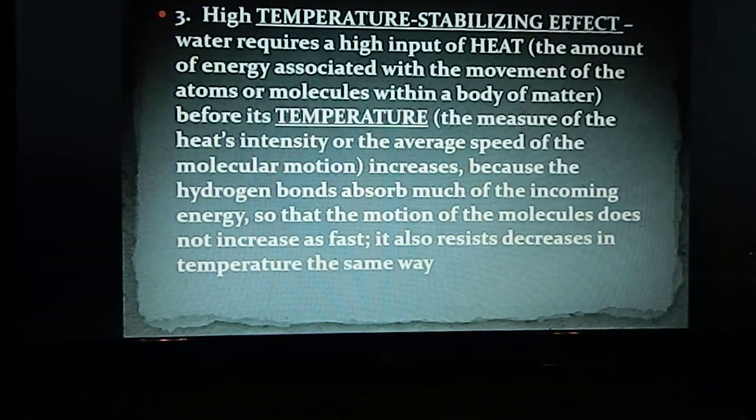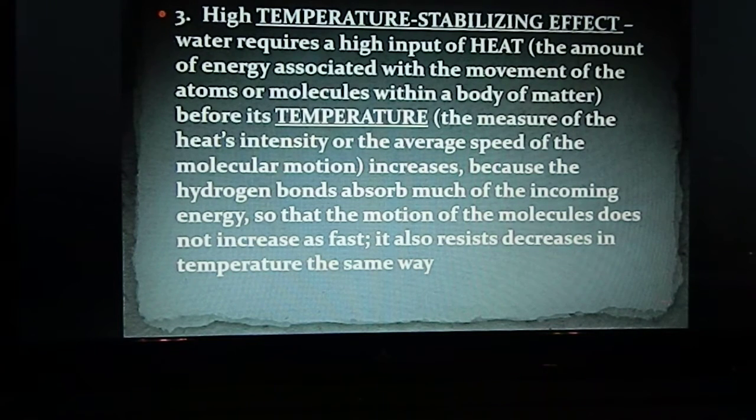Water also has a high temperature stabilizing effect. This is where water requires a high input of heat. Heat is the amount of energy associated with the movement of atoms or molecules within a body of matter. All matter has molecules and atoms that are moving.